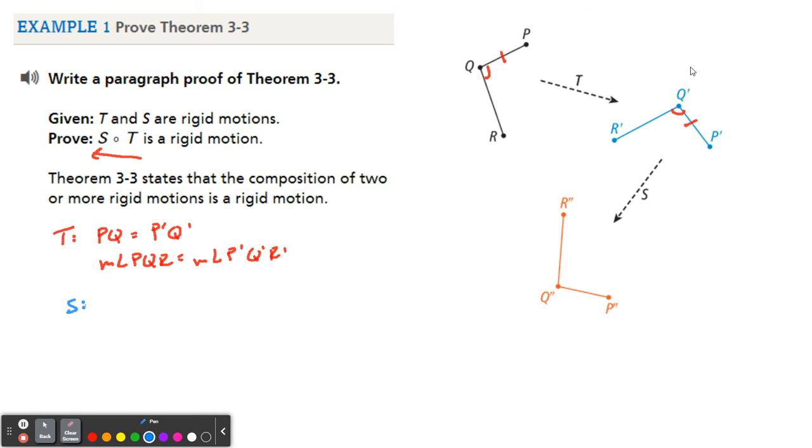Now let's take a look at S. For S, we're focused on the primes to the double primes. Again, it looks like P prime Q prime remained congruent to P double prime Q double prime.